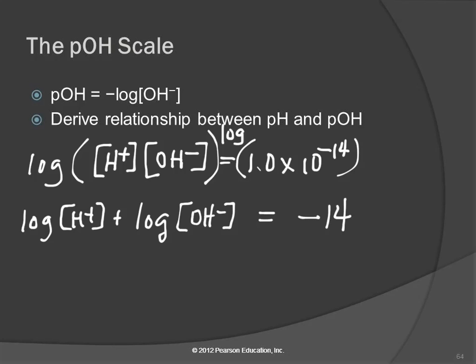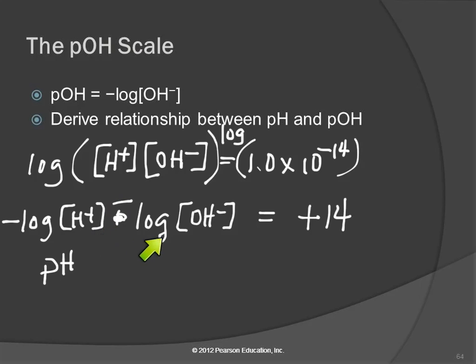So what if we multiplied all of this by minus 1? I made this negative log and negative log and made this positive. This is the same as pH, right? Negative log of hydrogen ion concentration. So that's pH.